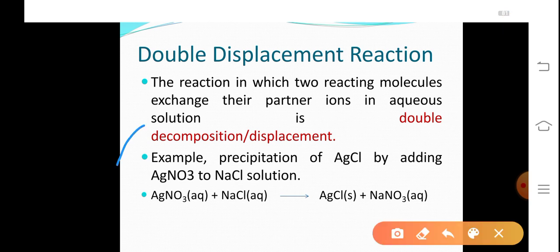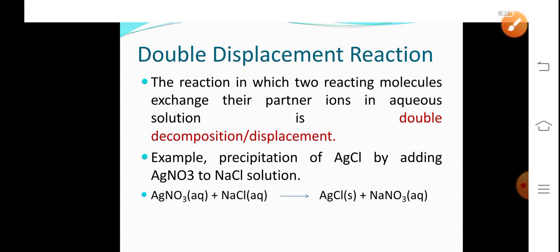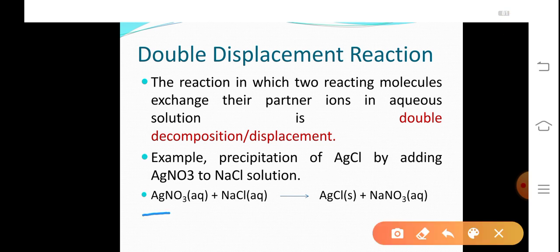Let us look and study this with an example. The example is the precipitation of AgCl by adding silver nitrate to sodium chloride solution. Whenever you take a silver nitrate solution with sodium chloride solution, what will you observe?